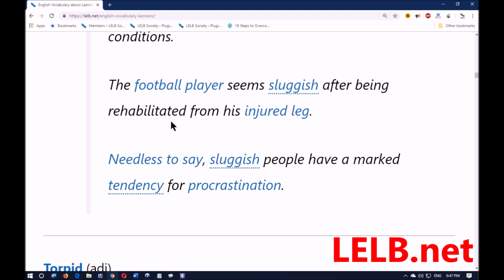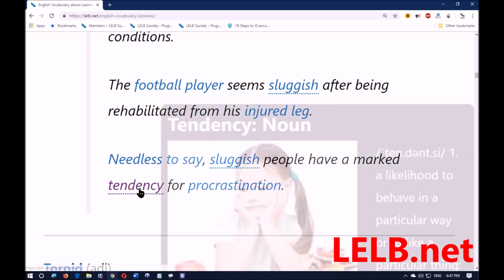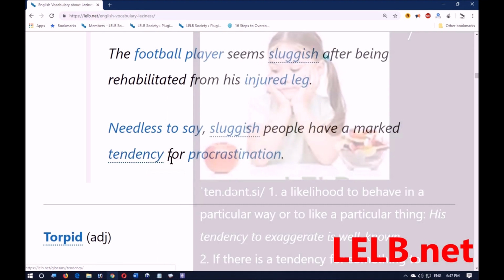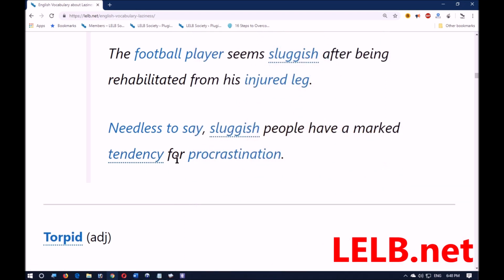Needless to say means it's clear, so we don't need to elaborate on that. Sluggish people have a marked, means clear, special, and noticeable tendency, means inclination, for procrastination. Procrastination means delaying, putting off what you should do until the next time. Procrastinate.